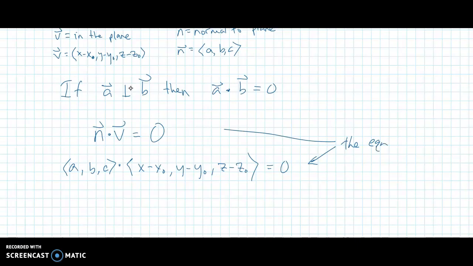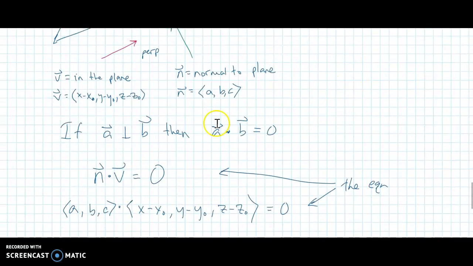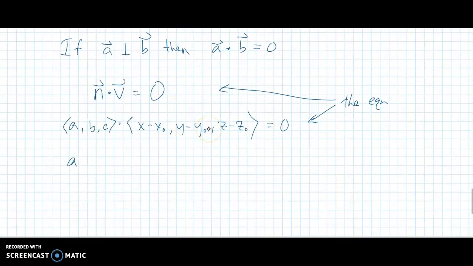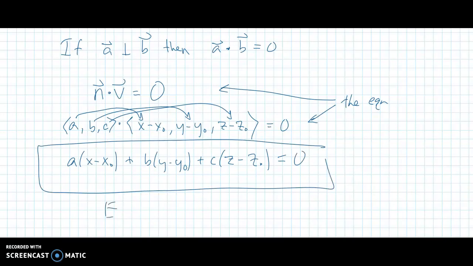And you could actually argue that this one is the equation too. Watch what happens when I do this dot product. I get A times x minus x naught. That's this times that. Next, I'm going to do this times that, so I'll get plus B times y minus y naught. And then the last one, C times z minus z naught. That's the dot product of that equation that I have up top, equal to 0. And that right there is the equation of a plane.